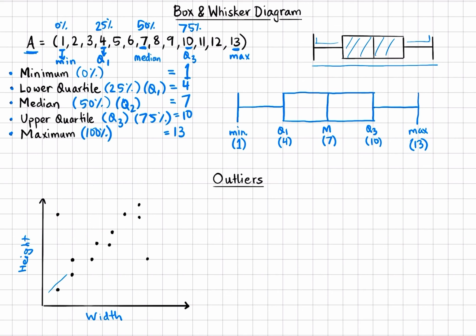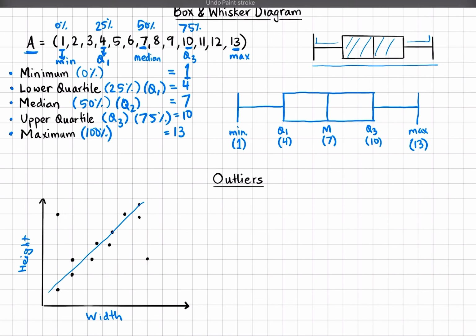Like they kind of make a straight line together. However, there's also these 2 points here that don't look like they follow the pattern I see in front of me. These are outliers. That's what we mean by outliers.